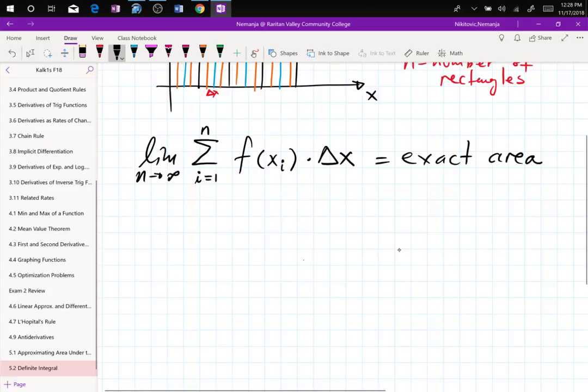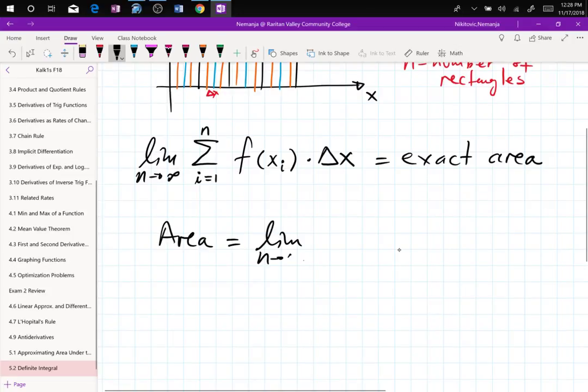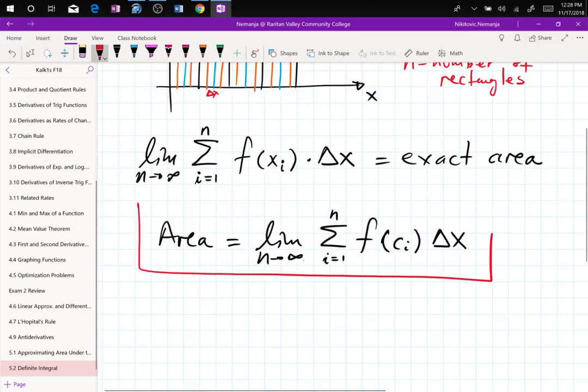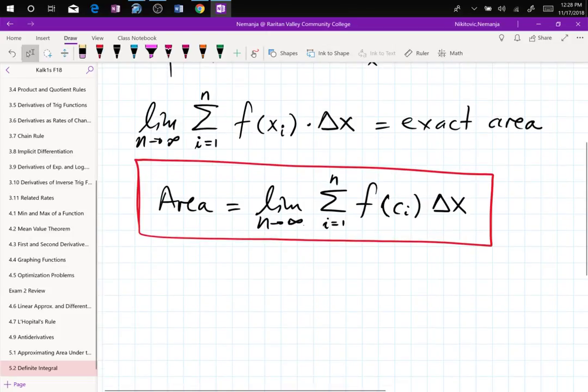So we have that the area is equal to the limit, n goes to infinity, summation i goes from 1 to n, f of c i delta x. So that is the official formula for area under the curve. The delta x is given as b minus a over n.